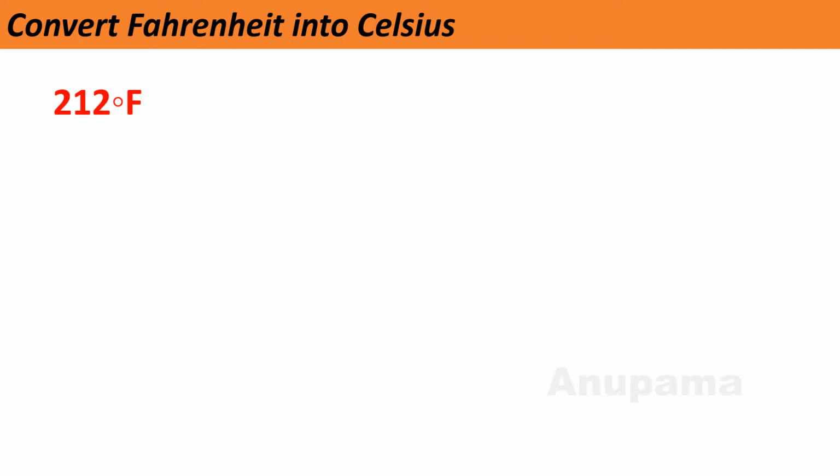If 212 degrees Fahrenheit is given to you, then how will you convert it into Celsius? I am writing a formula, which is temperature in degrees Celsius equals temperature in degrees Fahrenheit minus 32 in brackets, multiply by 5/9. As you know, according to the rule of BODMAS, always solve the bracket first.